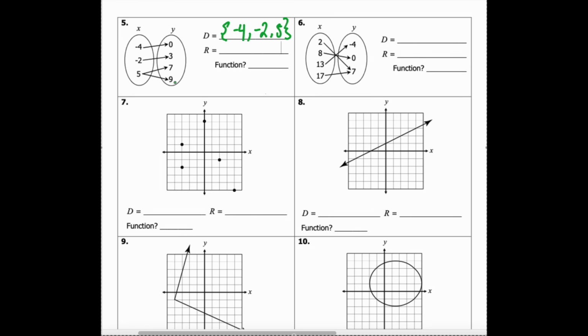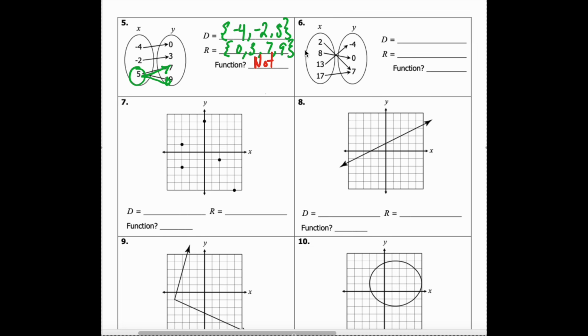And then let's write our y's. We have 0, 3, 7, and 9. If we look here at this 5, we can see that the 5 is actually an input for both 7 and 9. So they did repeat that x value, which means that this is not a function.